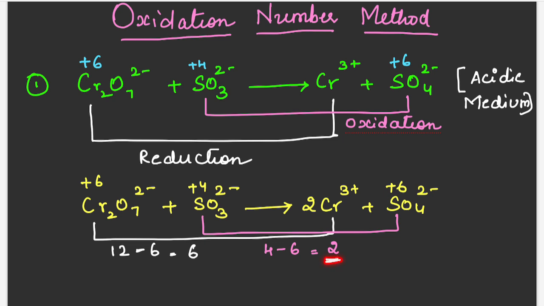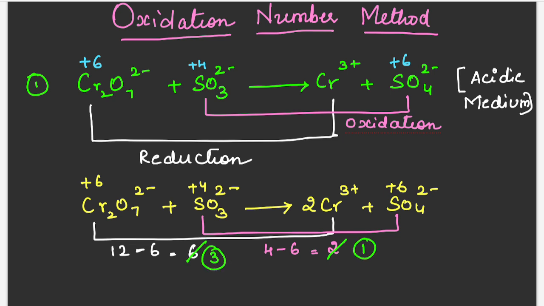So just write the number 2. So here you got 6 and here you got 2. If you can cancel by a common number, you can cancel. So this I can cancel by 2 table. 2 1s are 2, 2 3s are 6.